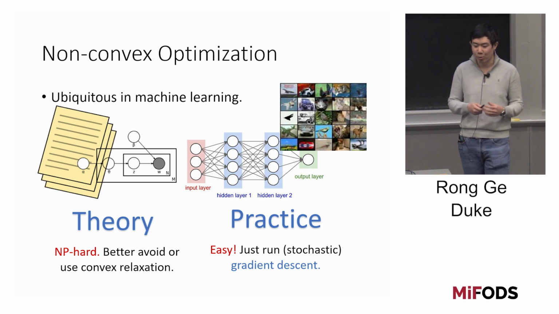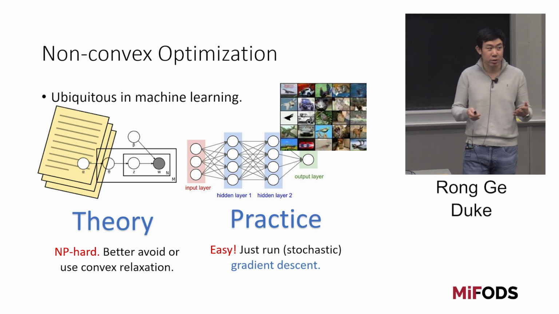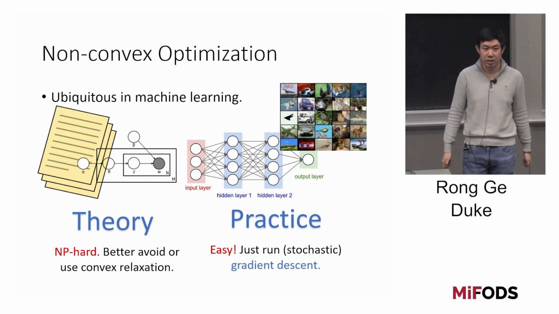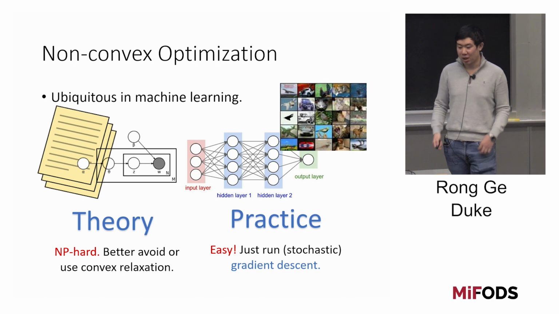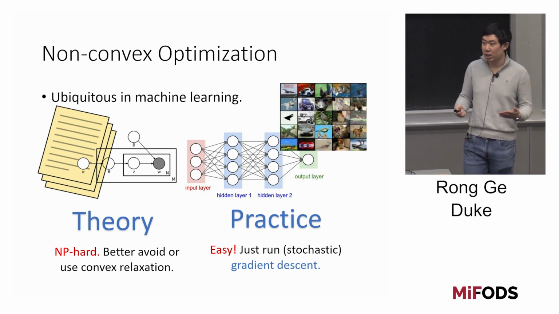People were not so worried about the NP-hardness results. People just try to solve these very complicated non-convex optimization problems using very simple algorithms, like gradient descent or stochastic gradient descent, right? And in fact, these algorithms seem to work very well in practice. They actually converge to good solutions.